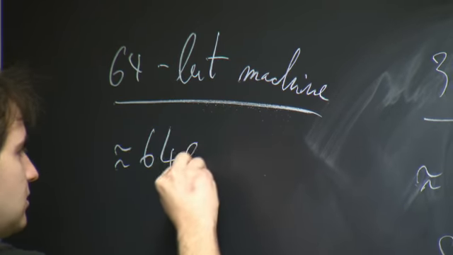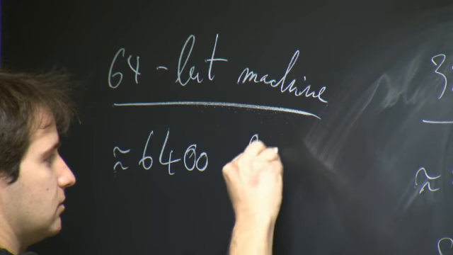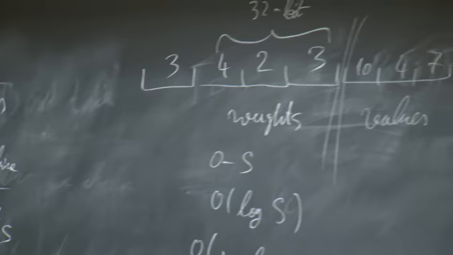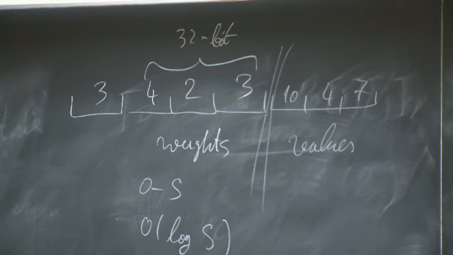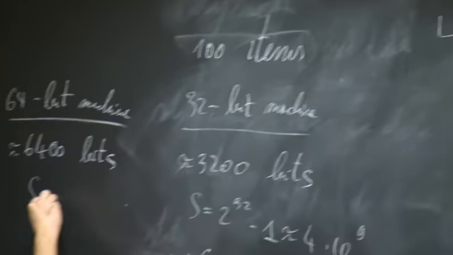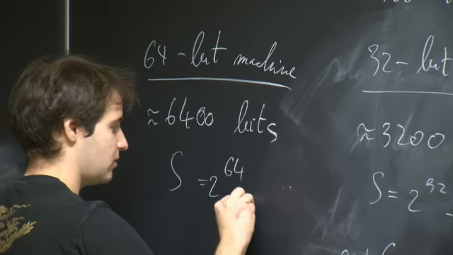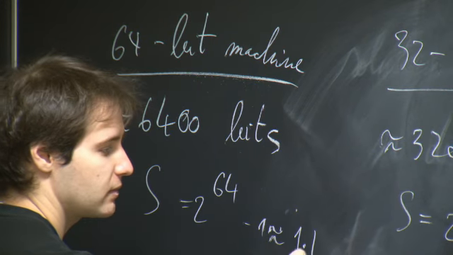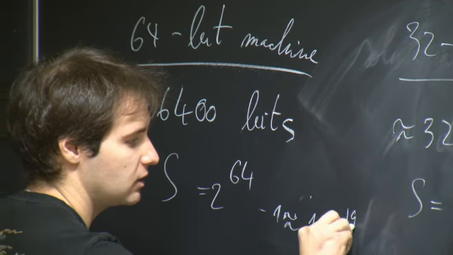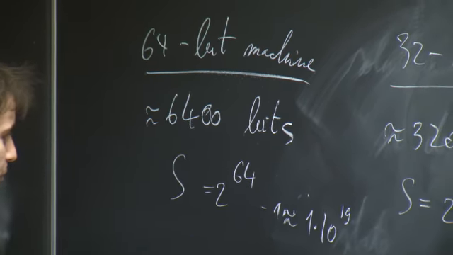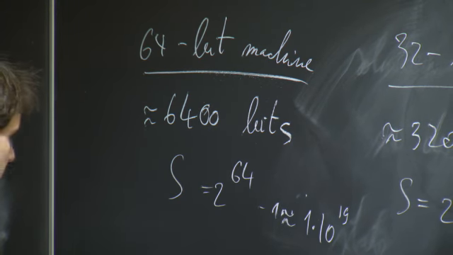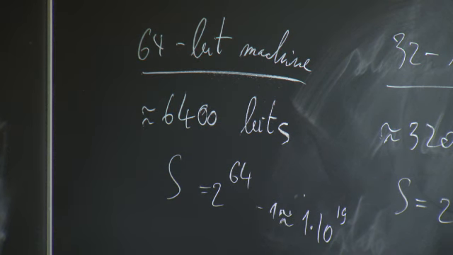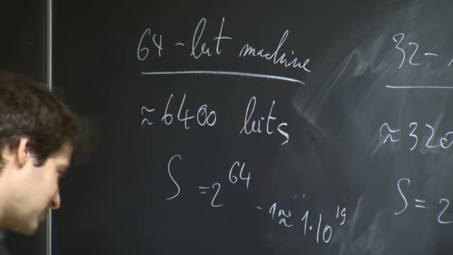Where does that come from? 100 items, each item weight has 64 bits. Okay. What's the worst case s? 2 to the 64, or 2 to the 64 minus 1. Doesn't matter too much. It's 1.6 times 10 to the 19. So the worst case running time is 10 to the 21 operations.